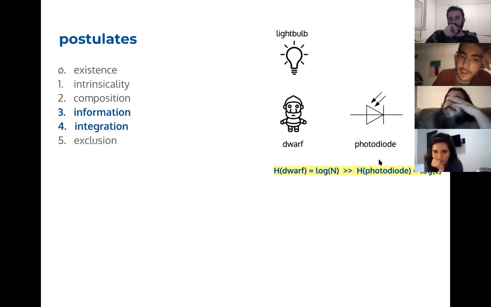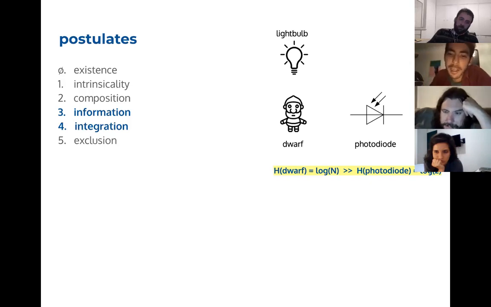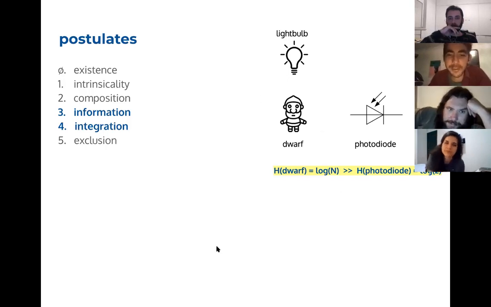So the argument would go that a person is able to distinguish, from the light being on, all the other states that it is not, right? So it rules out a lot more states. Whereas a photodiode is able to distinguish only two states, on or off, so it carries less information. This is the old way to do it, but I think it's intuitive.